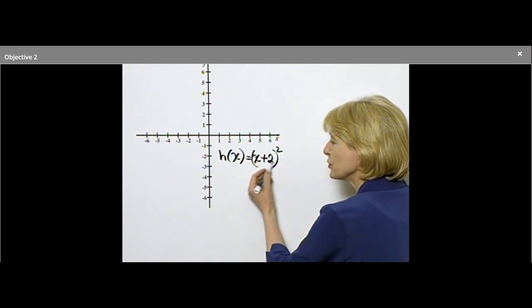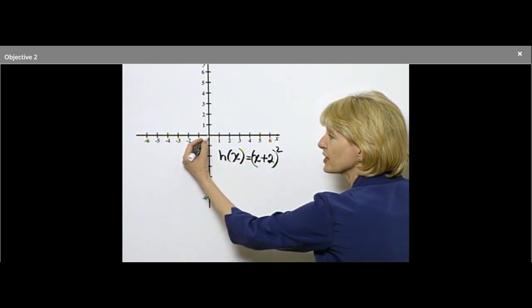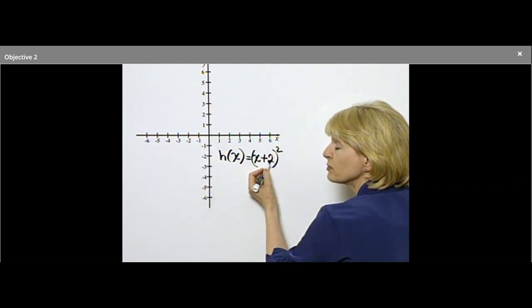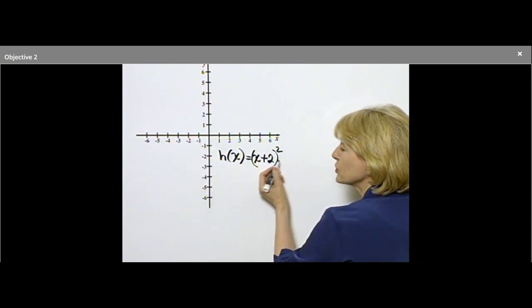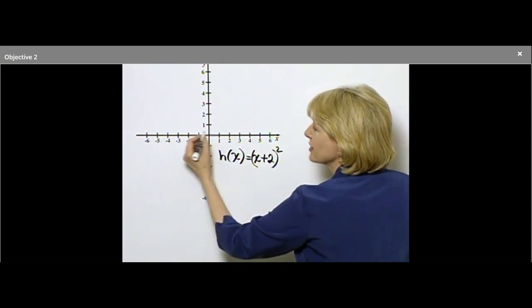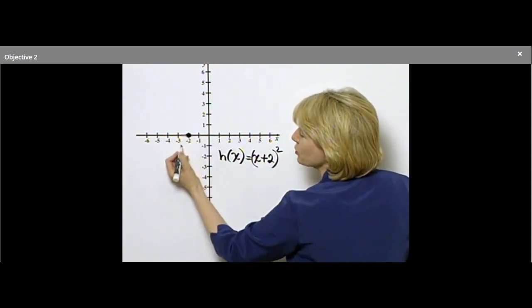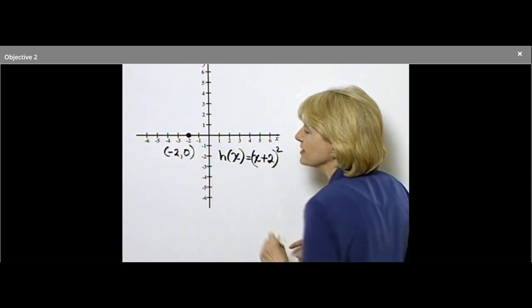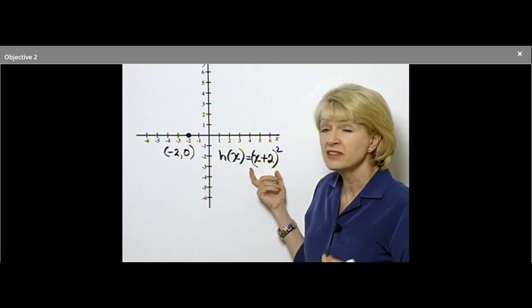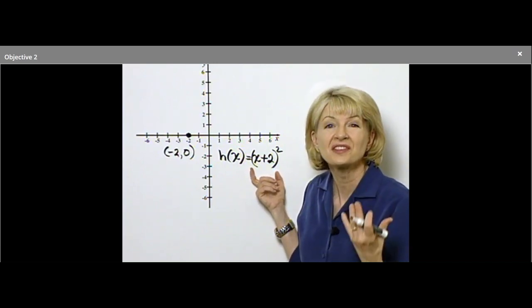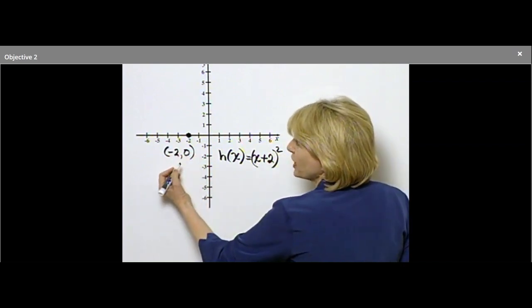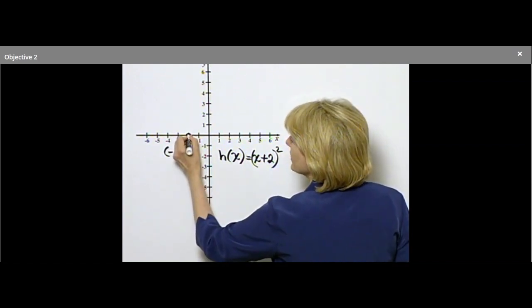So here, the movement is, instead of the vertex being at (0, 0), this causes a movement of 2 units to the left. So now my vertex is right here at (-2, 0). It still opens upward and we're still sketching. So basically just sketch the general shape of this graph, and that's all I'll do.